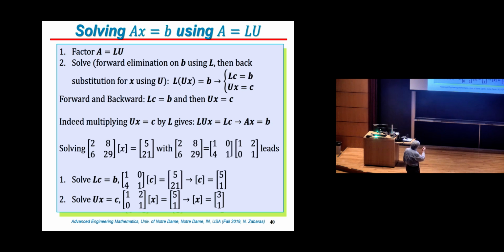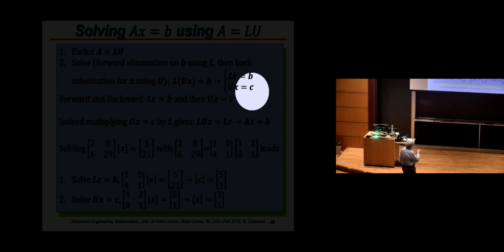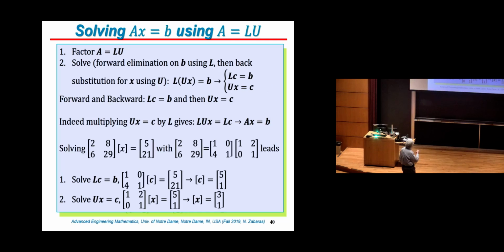So L times C equal to B is computed with a forward calculation, starting from C1, then C2, C3, to Cn. And UX equal to C is computed how? I now have an upper triangular matrix, so I'm starting from the bottom. I can compute xn, then xn minus 1, and go all the way up. That is back substitution.